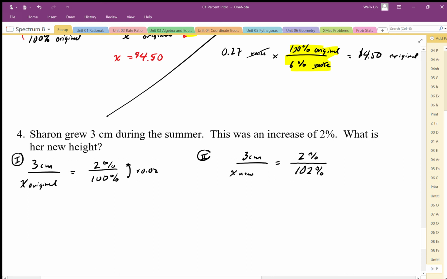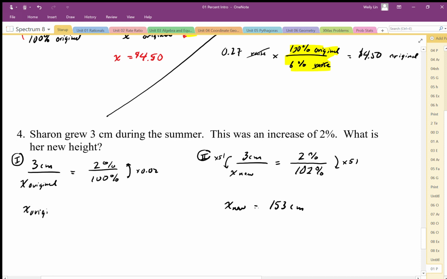This is a proportional comparison of 2% to 102%, and we can solve this directly. So this is times by 51. Okay, and if I times by 51, my new height is 153 centimeters. Okay, and that's the same as I would have gotten here.